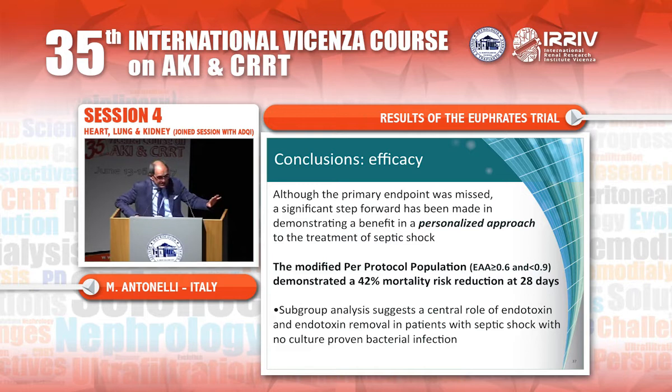We, for the first time, understood the behavior of patients who had endotoxin, and probably have identified the category that may have the best benefit from receiving this kind of treatment. That is the category of patients whose endotoxin activity is measurable, between 0.6 and 0.9.